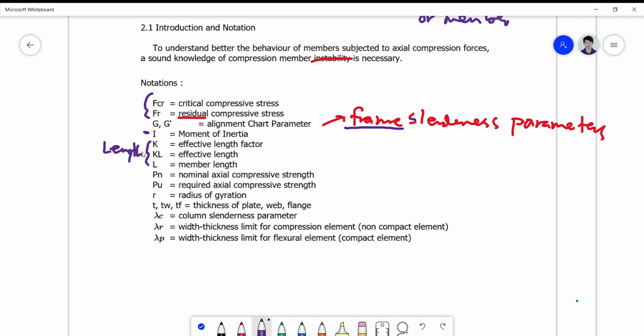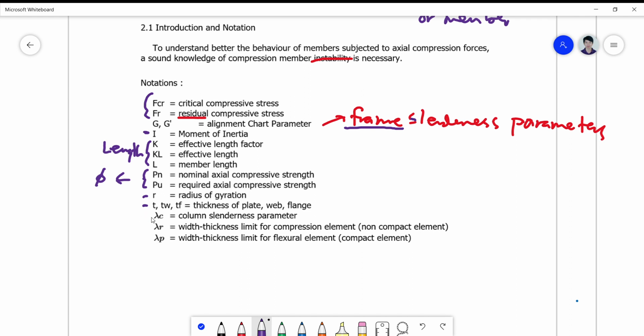So for P and Pu, these are now the capacity and required loads or factored loads carried by the compression member. Of course, we have to add here the value of phi for columns to give us the design capacity. r is also a property of the member. t, tw, and tf are also properties in terms of dimension.